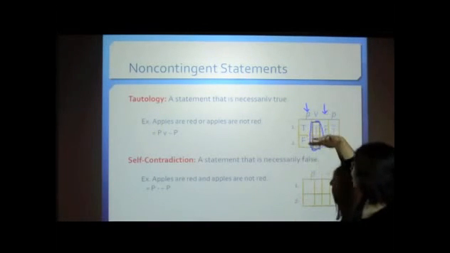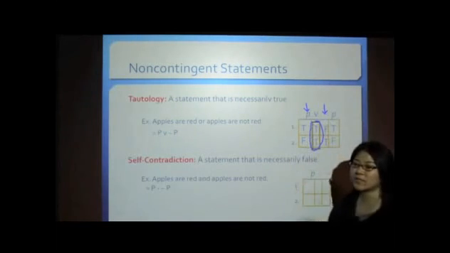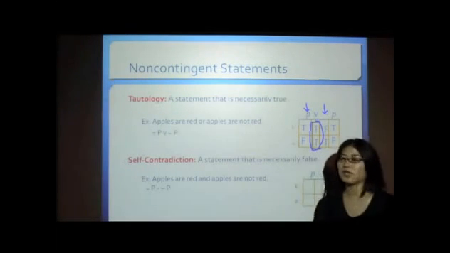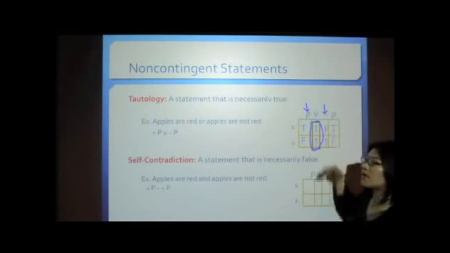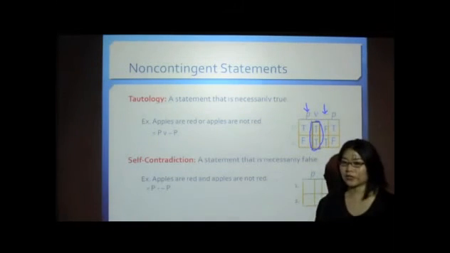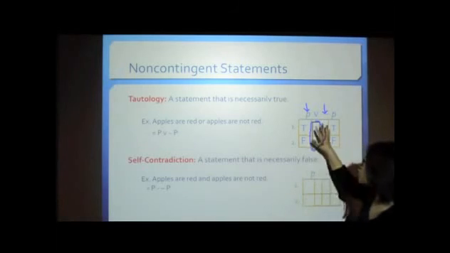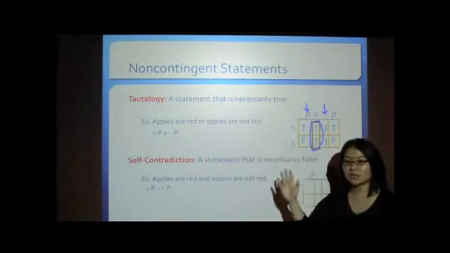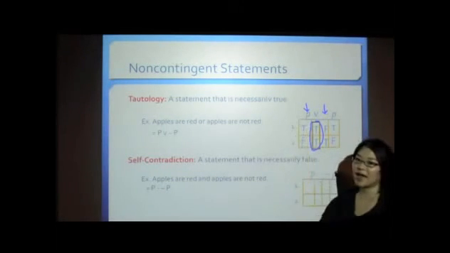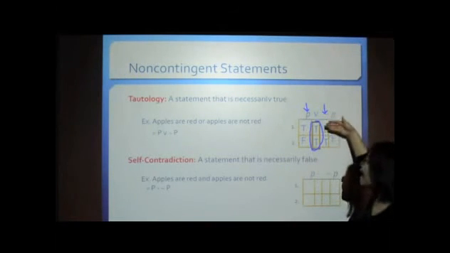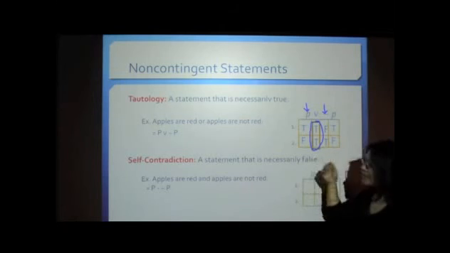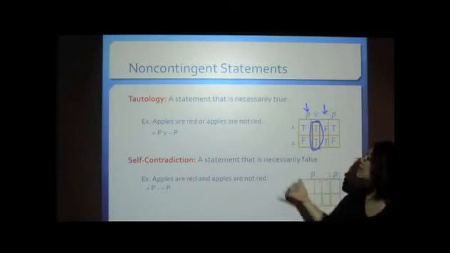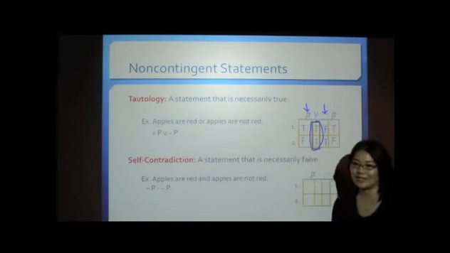Remember, each line of this truth table represents a possible truth value that this statement can have. So if each line represents a possible truth value, and the truth table gives you all the possible truth values that this statement can have, then this statement cannot be false. The reason why it cannot be false is because of the structure of the statement itself, okay?